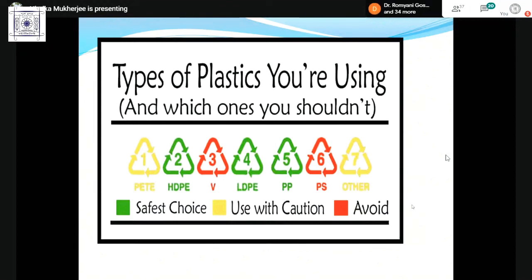Next, we can see the plastic bottles with the number 2, 4, 5 with the green symbol. These are the safest choices. These are the ones which we can recycle and use. And lastly, the most destructive, the most harmful kind of plastic is number 3 and number 6, which we should totally avoid.